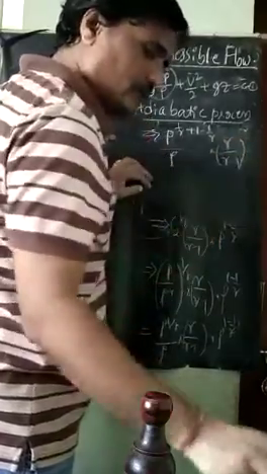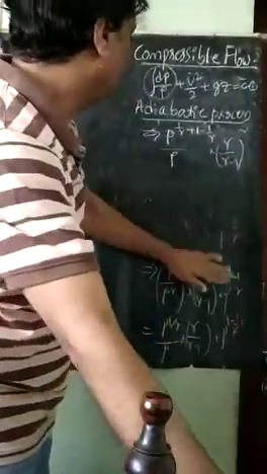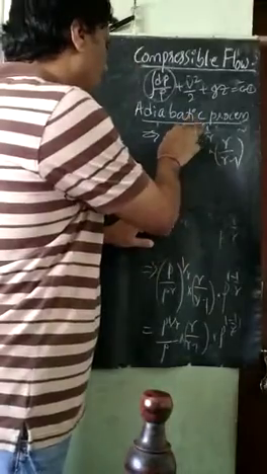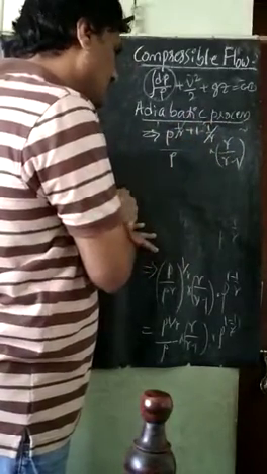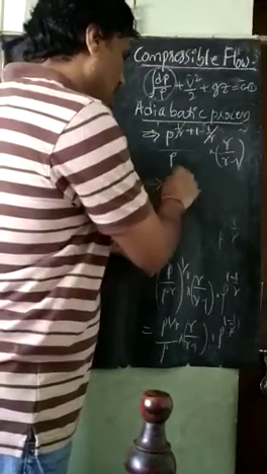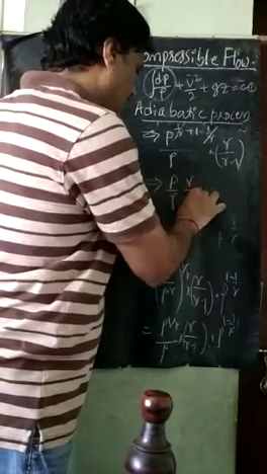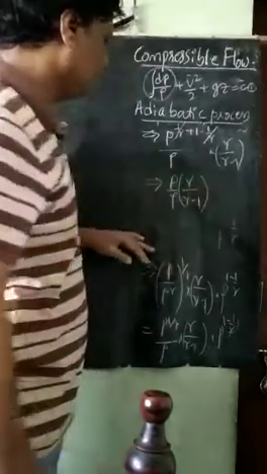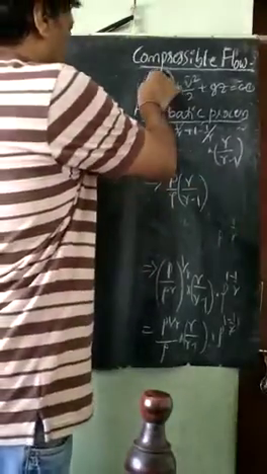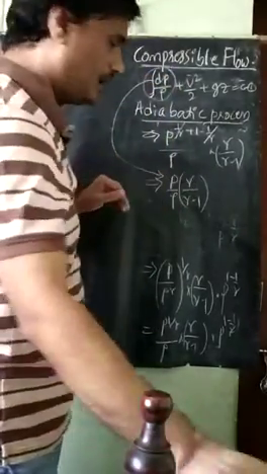So next, again simplify it: 1 divided by gamma and minus 1 divided by gamma will get cancelled. So therefore this is equal to P divided by rho, into gamma divided by gamma minus 1. This is the term we are getting here now.